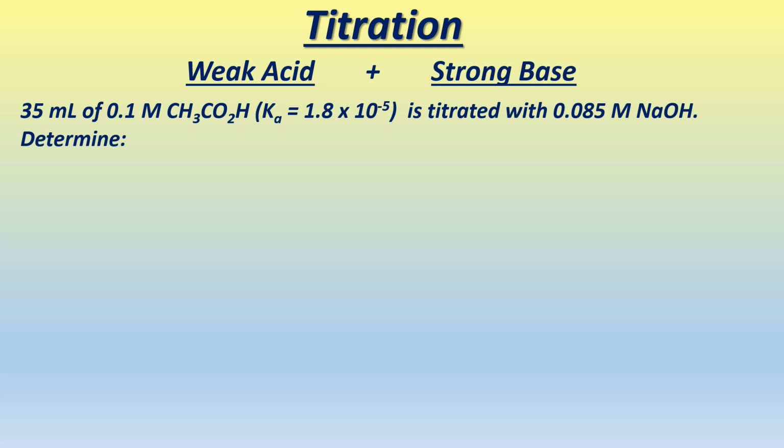First of all, I know that acetic acid is a weak acid because it's not one of the 6 strong acids, and I'm given an equilibrium constant, which means it exists in equilibrium.